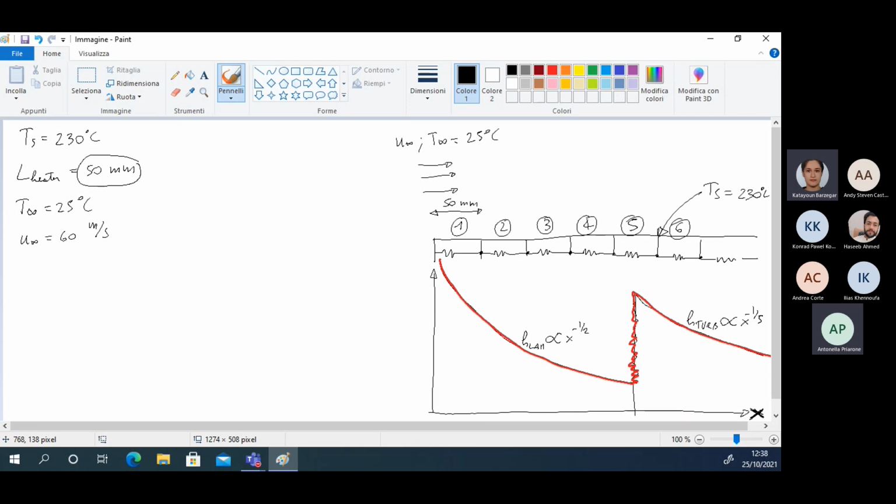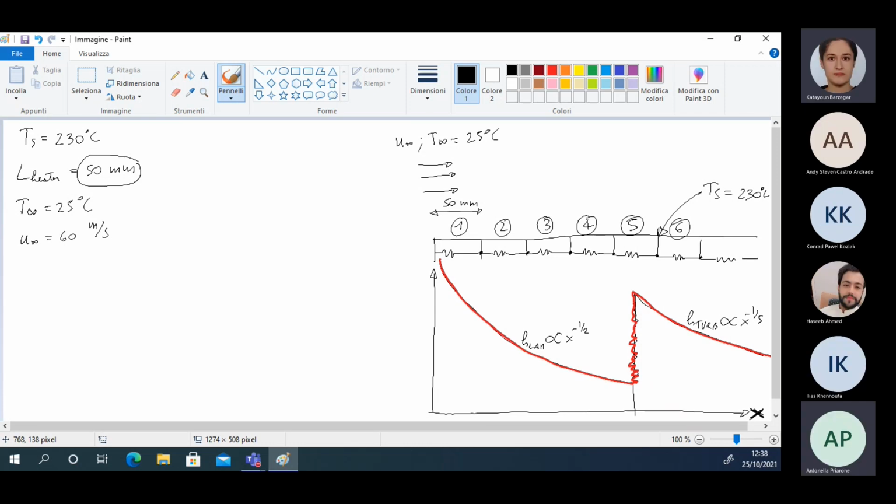The problem asks which is the heater that requires the maximum input. This is the request: the heater at which I have to provide the maximum electrical input.